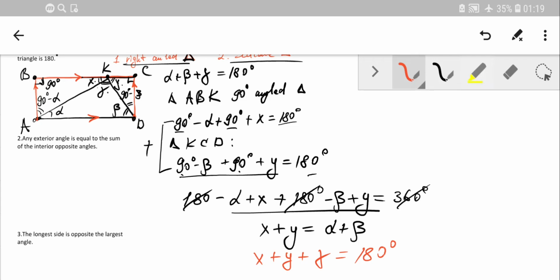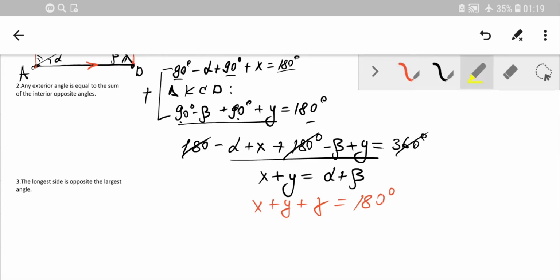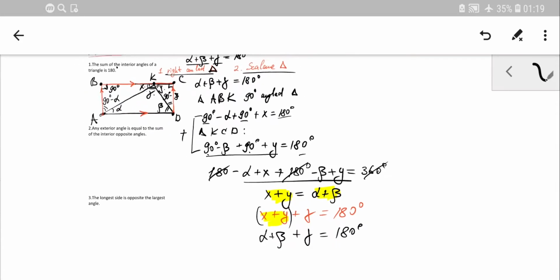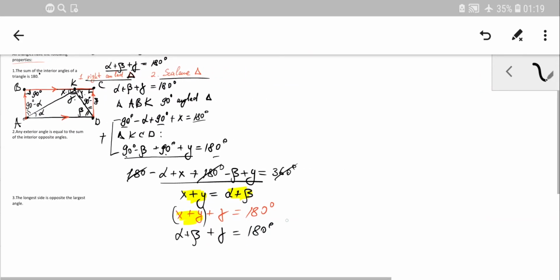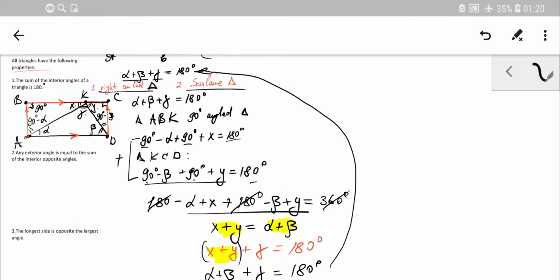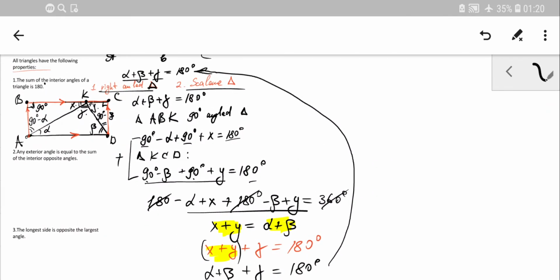So we have simply that x plus y is alpha plus beta. So instead of x plus y here, we just plug in alpha and beta. And we still have gamma, so we get 180 degrees. And that's what we were supposed to get. Actually, if we go back here, we get the proof. All right, so that's exactly what we wanted to do.